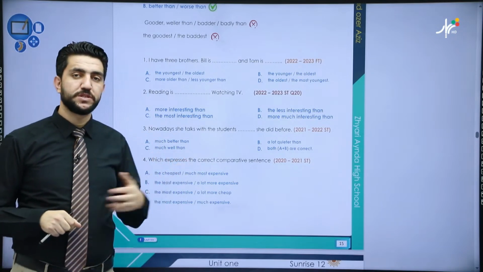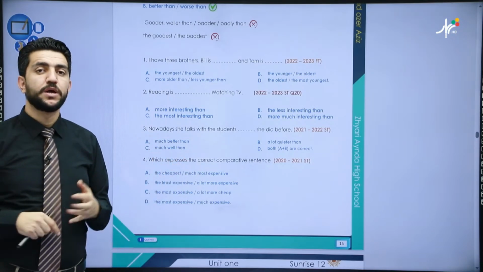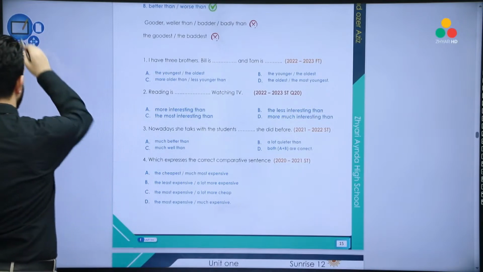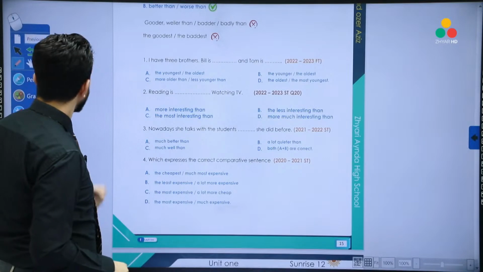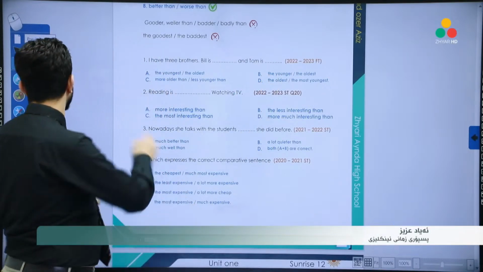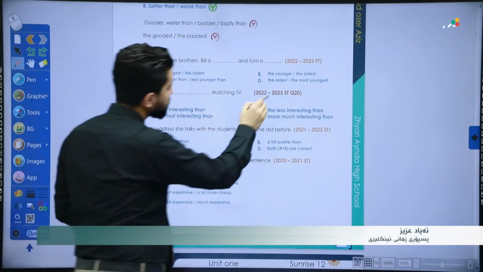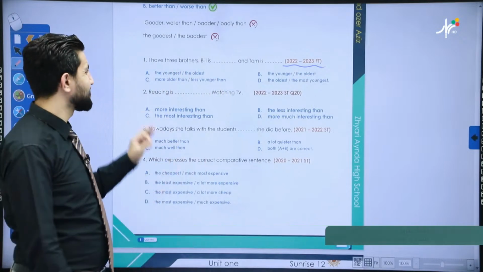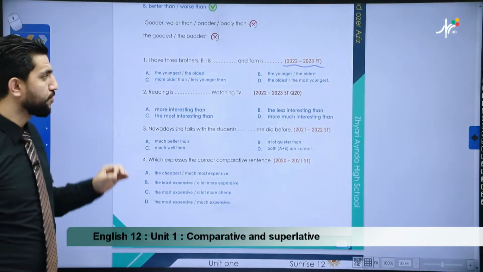The more examples, the more exercises you do, the fewer mistakes you would make in the future or in the exam. Okay, this one is from the 2022-2023 first term. This one is from the national exam, Wizari exam question 2023. So this is the latest question so far.